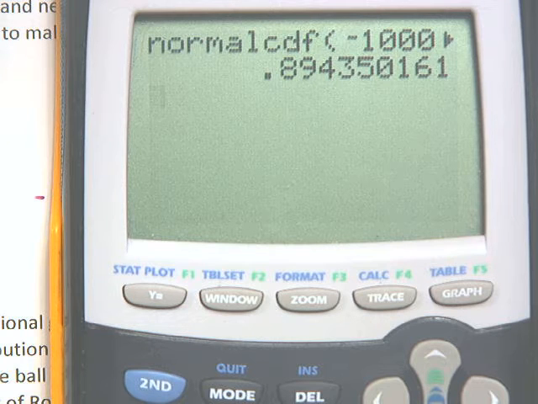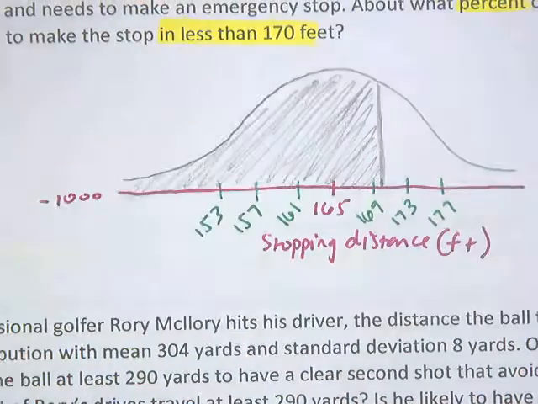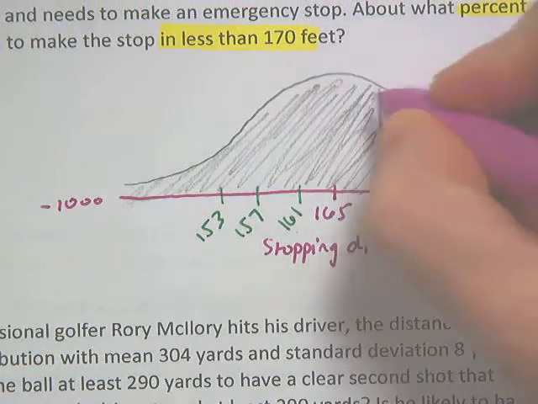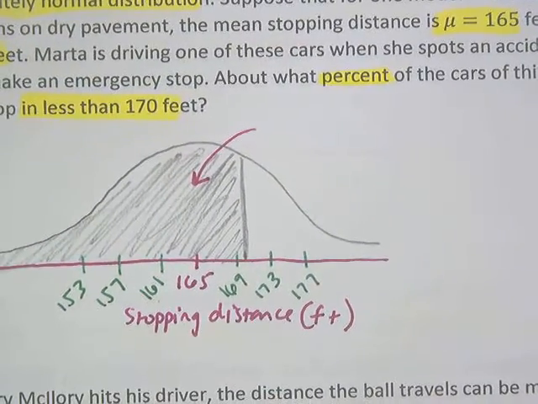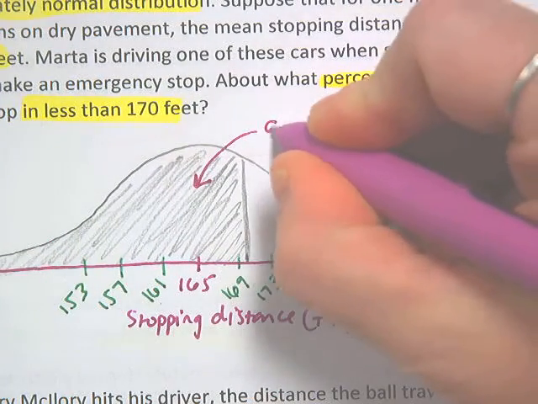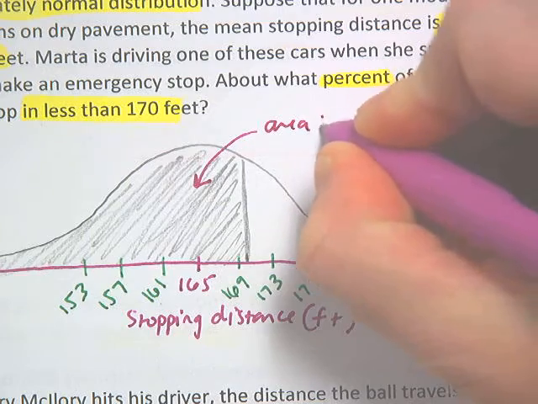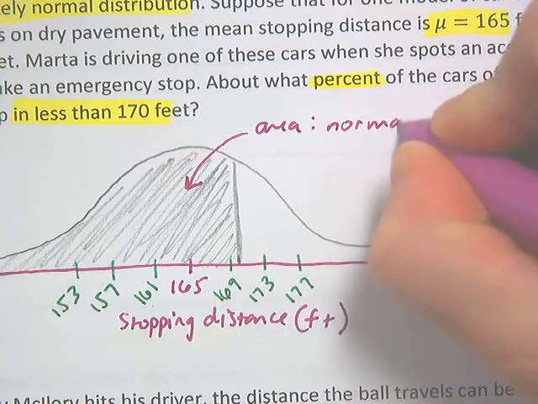Now it asks for a percent. So about 89.4% of cars would be able to stop in less than 170 feet. That's what we're going to write. Okay, as a matter of fact, show yourself that to find that shaded region, the area of that shaded region, we did normal CDF.